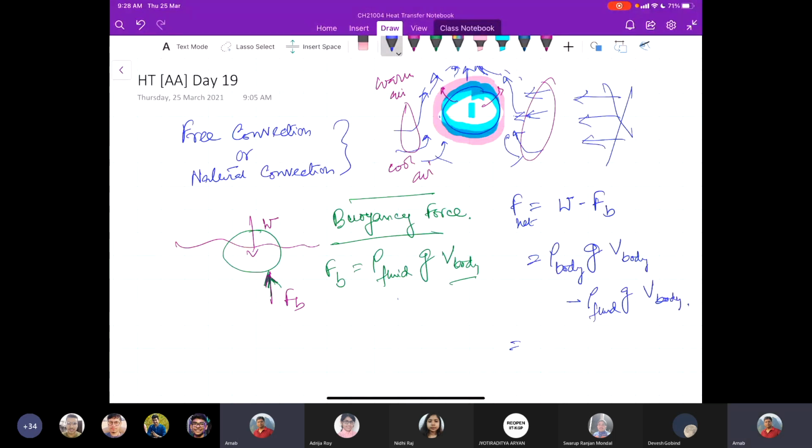So that means what we have is the density difference between the body, or the object, and the fluid, multiplied by g and the volume of the body.